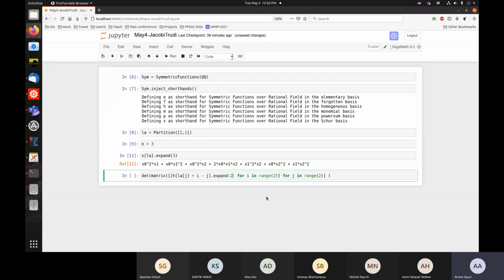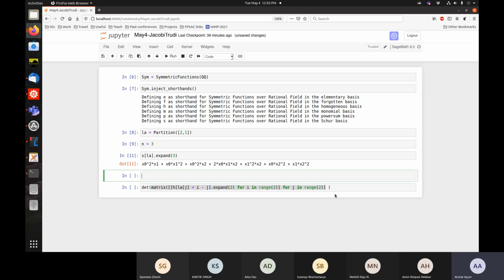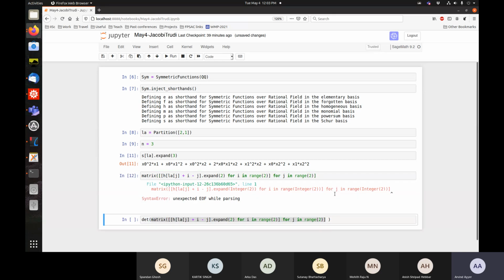Okay, maybe it's better for me to first check what this matrix looks like. Okay, something went wrong. What went wrong? Expand, I should have done. It needs another round bracket at the end, I think. The one after matrix that didn't close. Thank you.